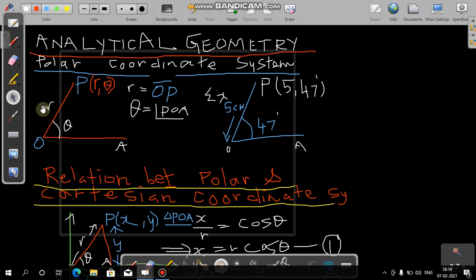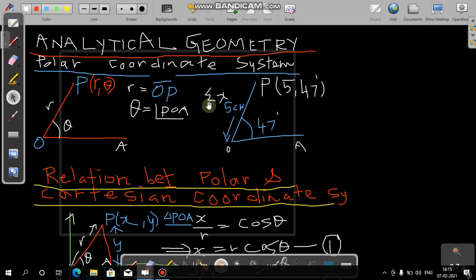This angle POA is equal to theta. So we can represent this particular point P by r comma theta. This representation of a point in the plane based on the angle and the distance from the origin is called polar coordinate system.